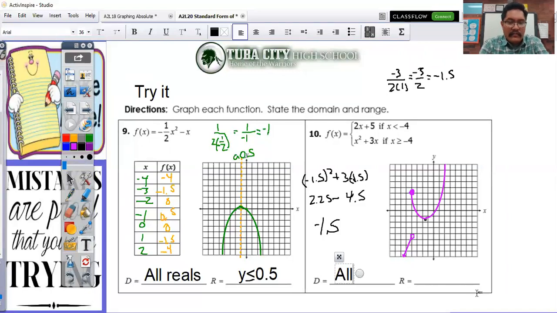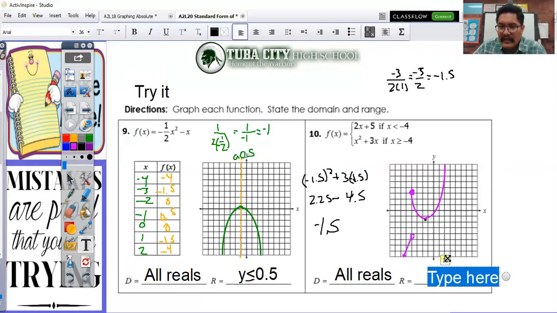Domain is all reals, because there are no gaps in this. And the range is going to be, well, there's a huge break in it, right? When I'm going up, up, up, I run into a hole, and then there's a gap to the lowest part of the vertex of the parabola.